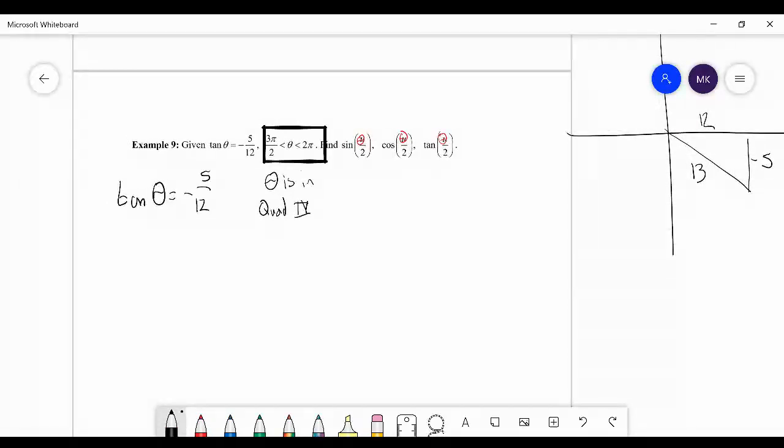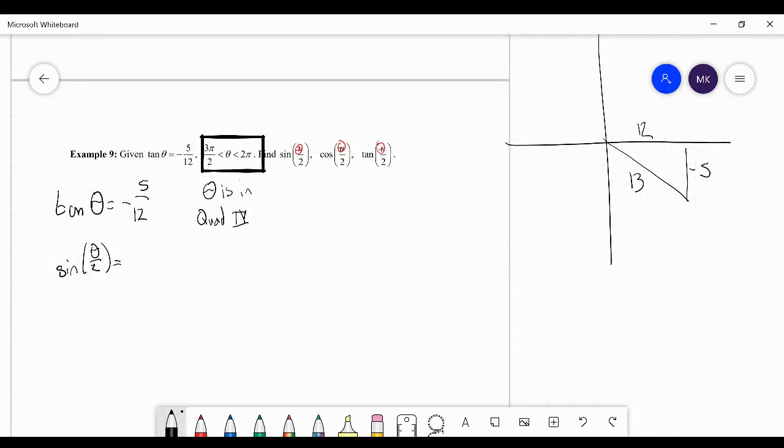So to find sine of theta over 2, just apply our function. We know that in this quadrant, theta is going to be negative, or sine is going to be negative. So we have negative square root of 1 minus cosine of theta over 2.